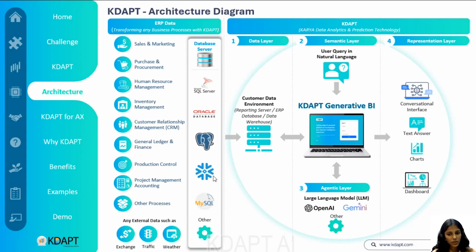The results are presented as dashboards, charts, or text, like I mentioned. And because of its modular architecture, KDAPT supports all key business domains like finance, sales, procurement, inventory management, HR, and other processes as shown on the left side of the slide.